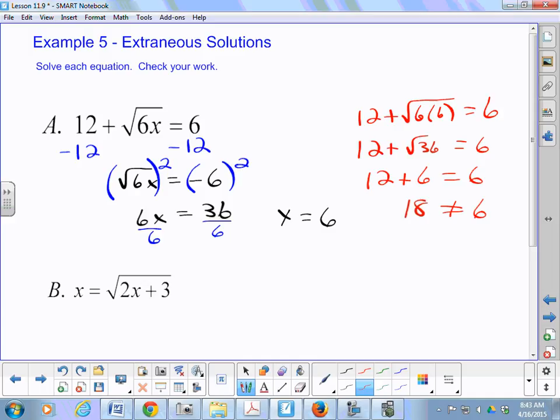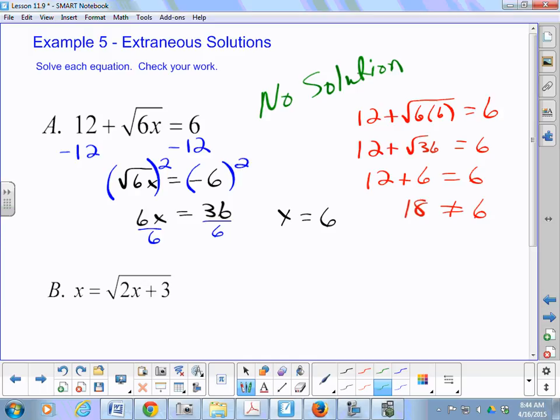So my answer is no solution. And the sentence that I told you before would be, if I take 12 and I add to it, I can never get 6. That square root of 6x must always be a positive number.